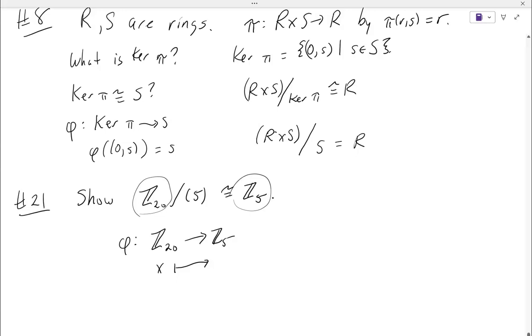We have integers mod 20 and I want to map it to integers mod 5. What might you do with an integer mod 20 to map it over to an integer mod 5?